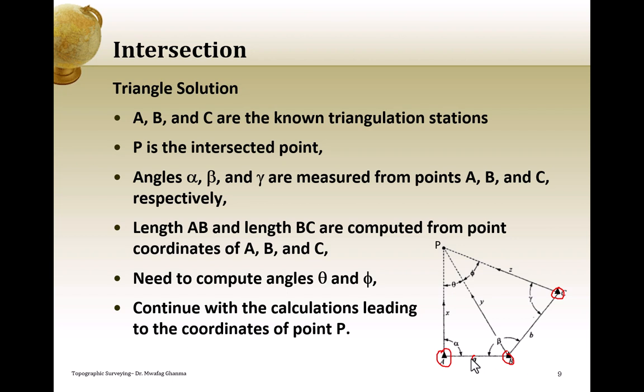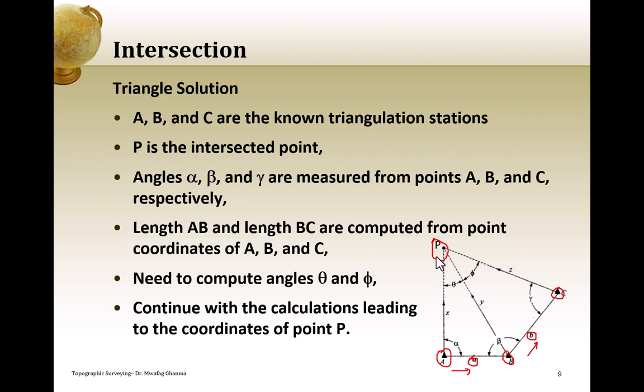From these coordinates, we can calculate the length A, we can calculate the length B, we can calculate the azimuth of line AB, azimuth of line BC, CB, whatever we want. And as you can see, A, B, C, D are the control points, and P is the intersected point. This is what we call it, which is the unknown point.